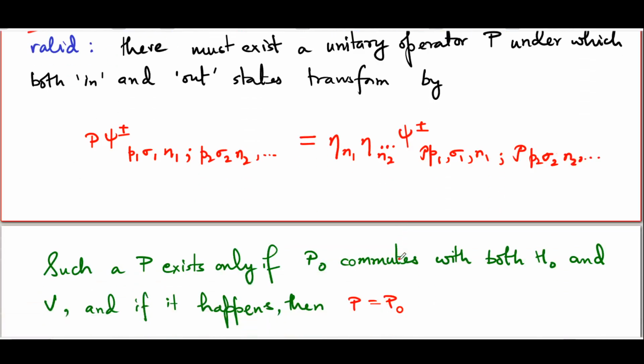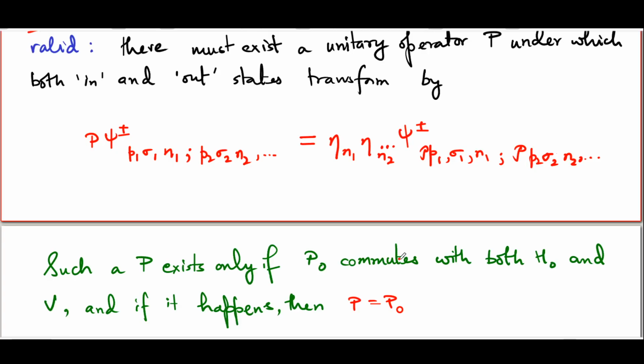Now, we have already seen this in discussions about internal symmetries, and the proof here is exactly similar. Such a P can exist only if P0, the unitary operator which implemented this parity operation on the free particle states, commutes with both the free particle Hamiltonian H0 and the interaction V. And if this happens, capital P, the unitary operator which acts on the in and the out states, must be exactly the same as P0.